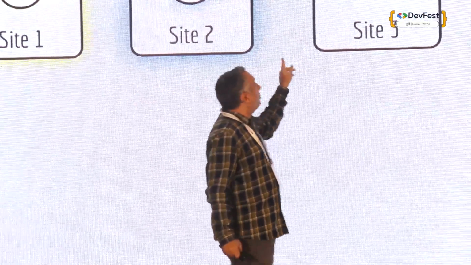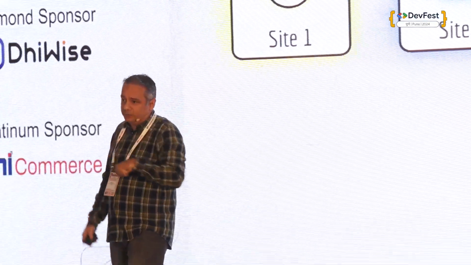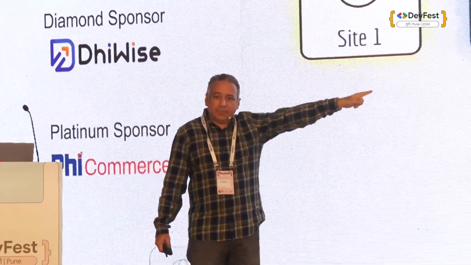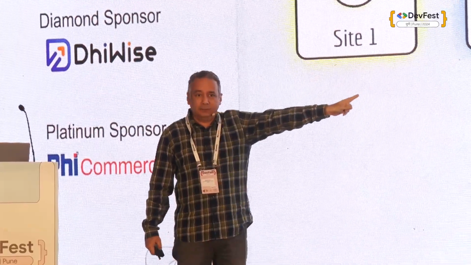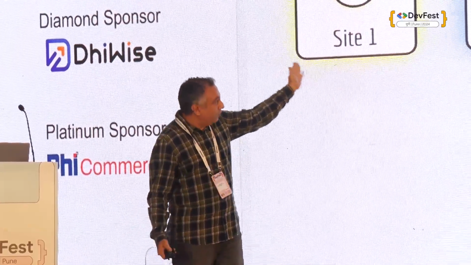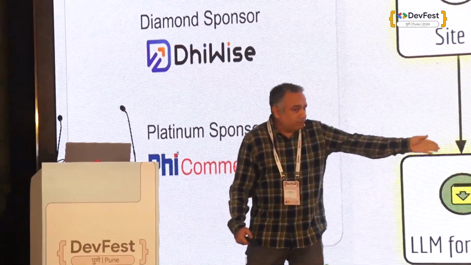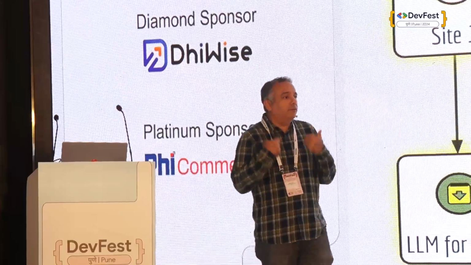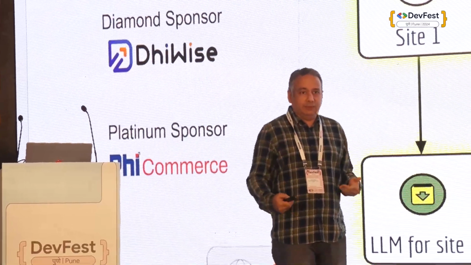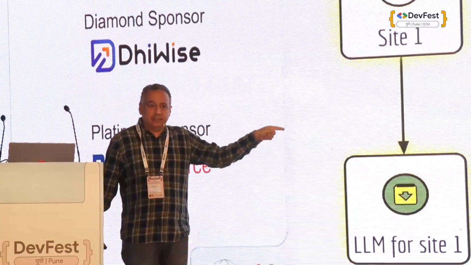Now imagine what happens from a model delivery perspective. For the end user, you'll be visiting each of these sites. These sites are not going to be sharing their LLMs in any case. So for each of these, you'll have to download the LLMs just to make it work on your local device. As a result, you see what you're seeing on the right-hand side.